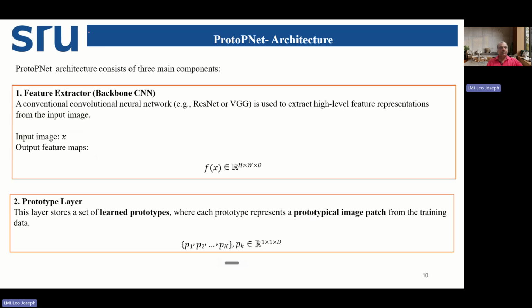Here is the step-by-step architecture. First is feature extraction, which can be done by either ResNet or VGG. The input image and output features are split based on height, width, and depth. We split the input image into different layers, and based on the layers we go for prototyping, mapping to the array.